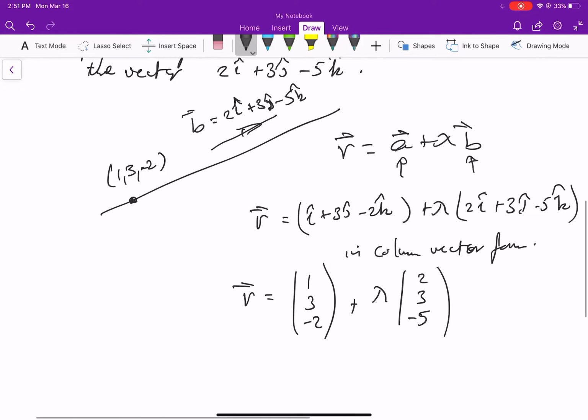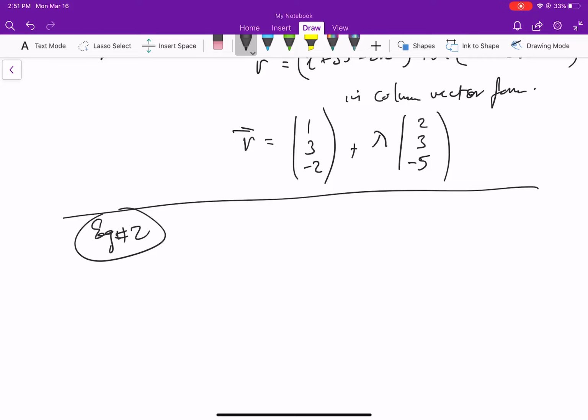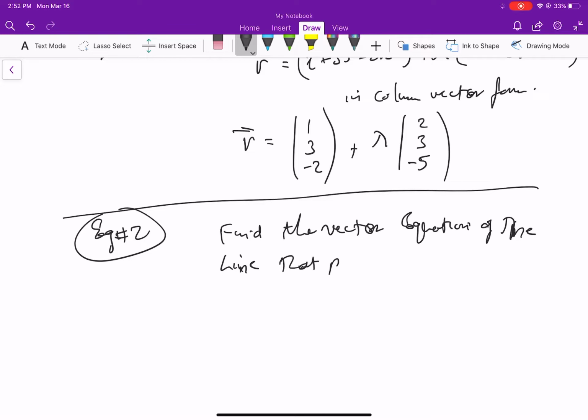Okay, let's try another example. Example number 2. Find the vector equation of the line that passes through the points.